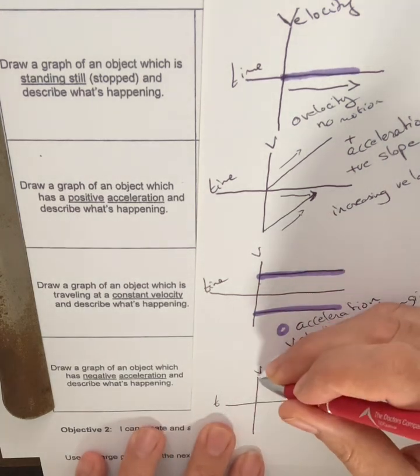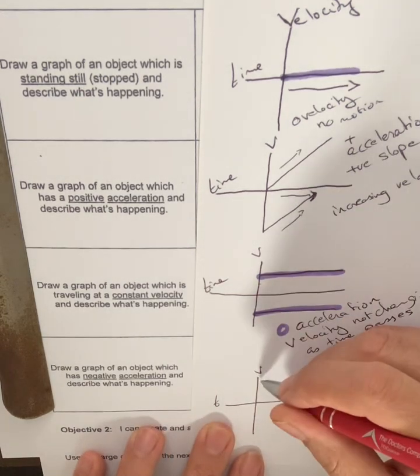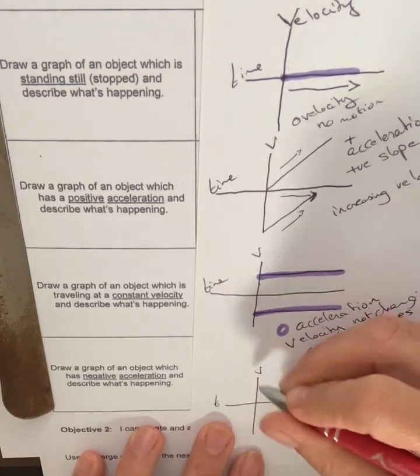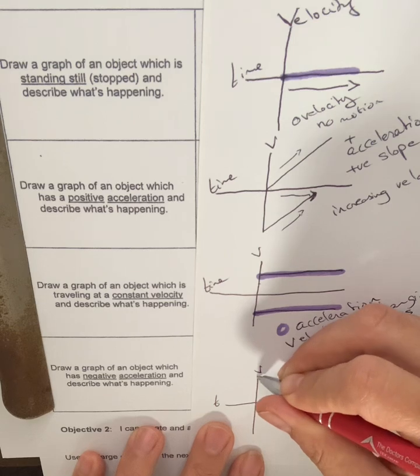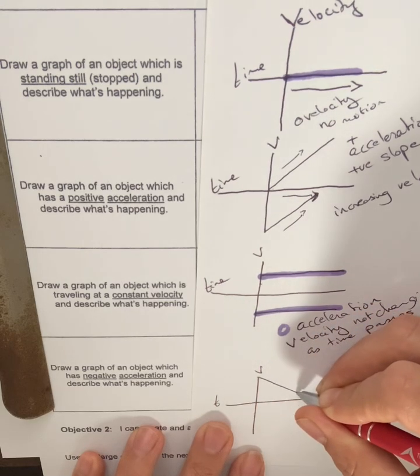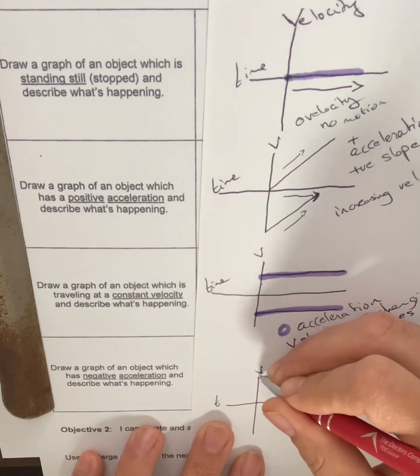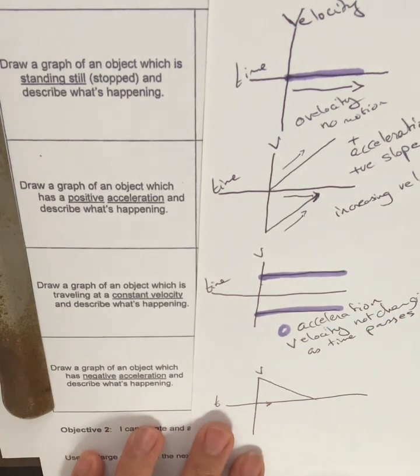And if we were to have a specific velocity that's starting at 20 meters per second, as time is passing, velocity is getting closer and closer to 0.